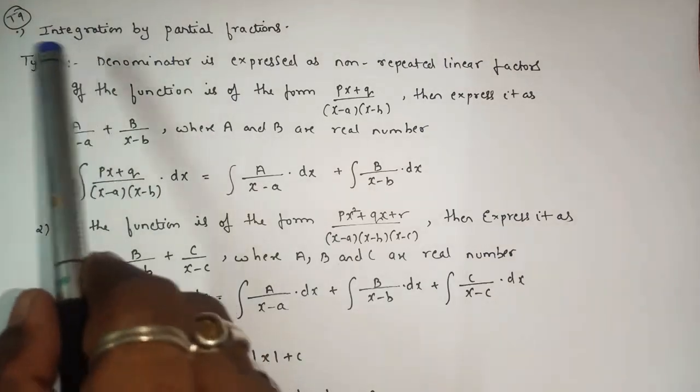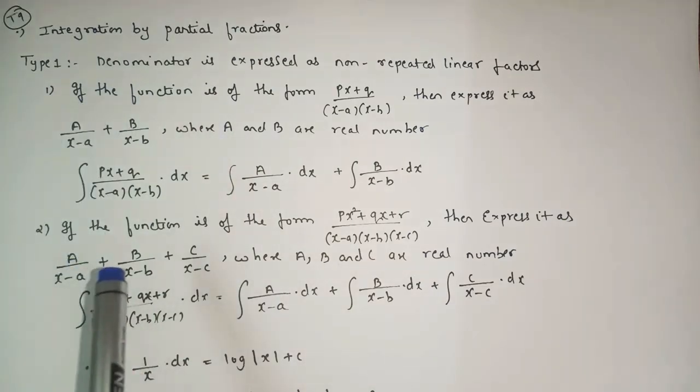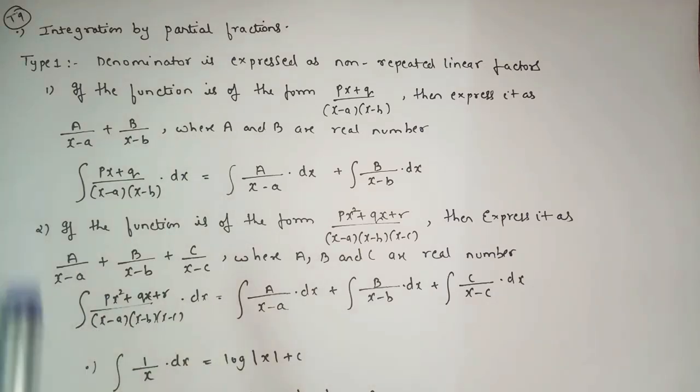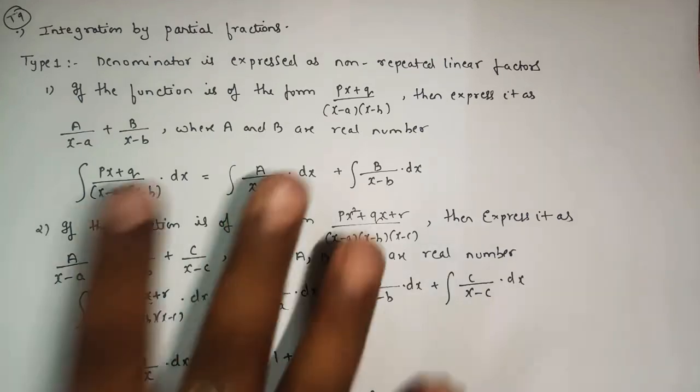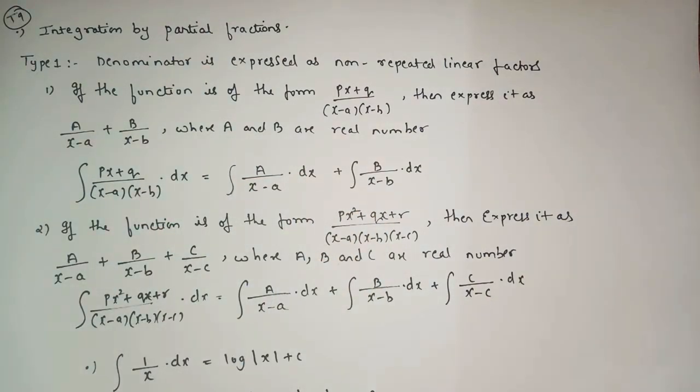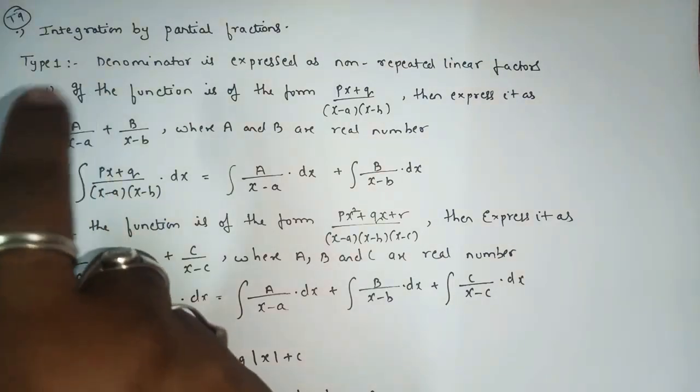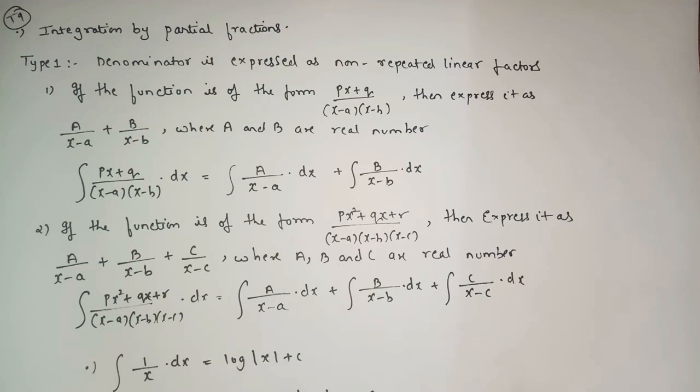In type number 9 there are three subtypes, of which today we're going to see type number 1. Of these three, the first one is the only really important concept for you all. The second and third are also important, but when you look at board papers of past years, the sums of integration by partial fraction come from type number 1 only.